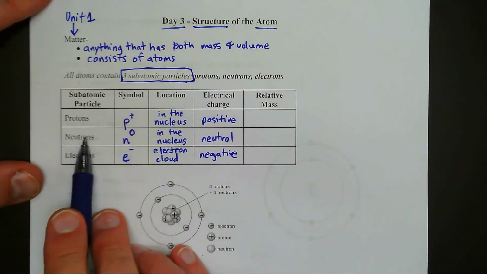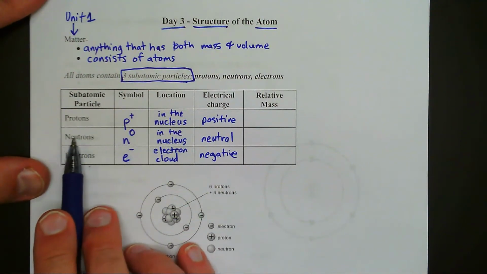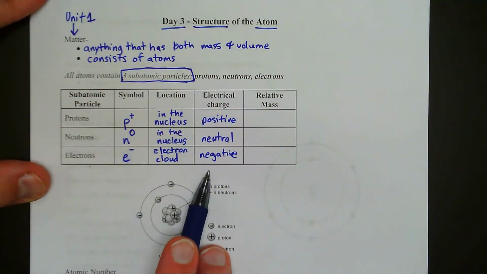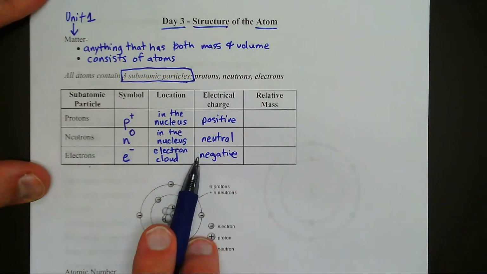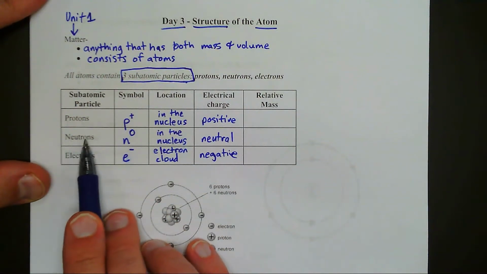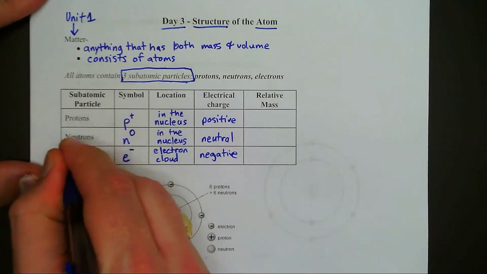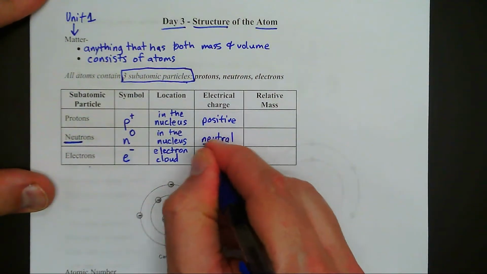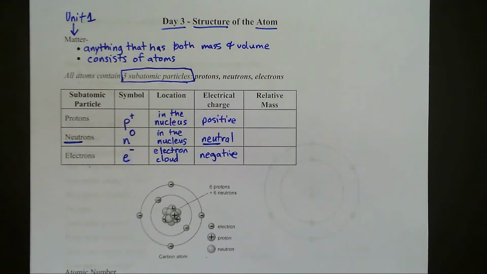When we ask questions about what the charge is, a lot of people see neutron and they see the letter N and they assume negative. Not so fast, my friend. Okay, neutrons. Look at the first 4 letters there, or 5 letters even. Neutral. Neutrons, neutral. Okay.